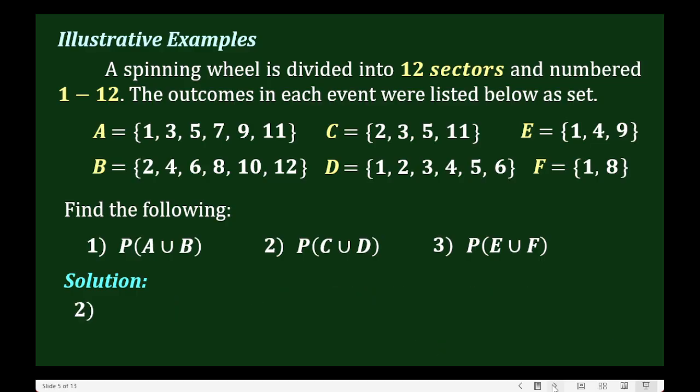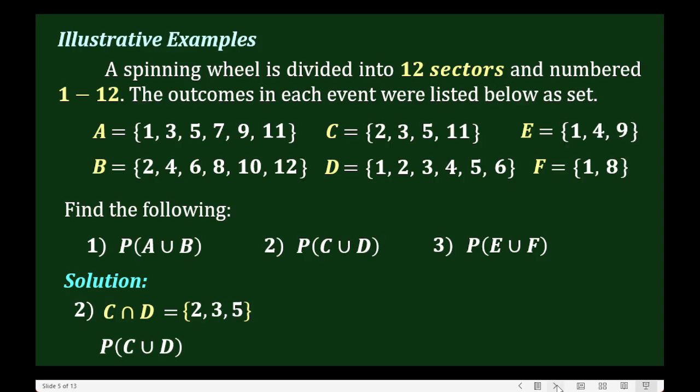Number 2, for the probability of the union of events C and D, we also need to determine the intersection of these two events. So C intersection D has the following elements: 2, 3, and 5, since these elements are common to both C and D. Since there are common elements from both events, these events are not mutually exclusive.